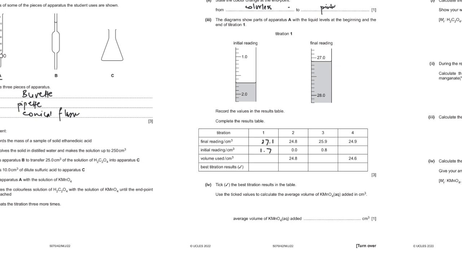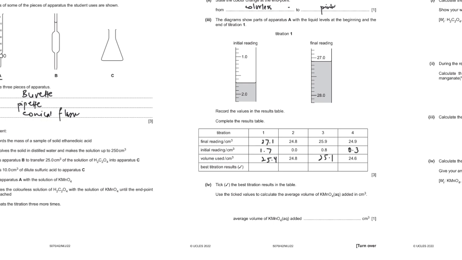And the volume used would be 27.1 minus 1.7, 25.4. You will also need to plug in the remaining readings. So for titration 3, you don't know the volume. So 20.9 minus 0.8 would be 25.1. And then you have the final reading. You have the volume, subtract them, and you will know the initial reading, which was 0.3.